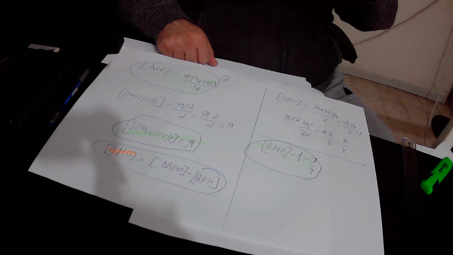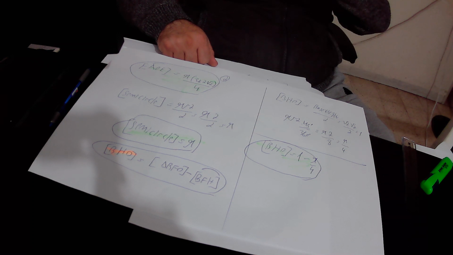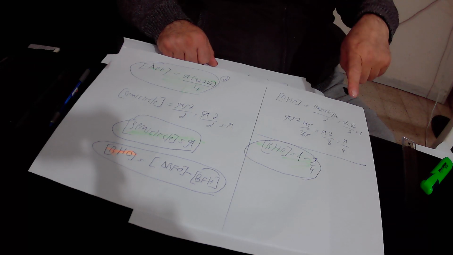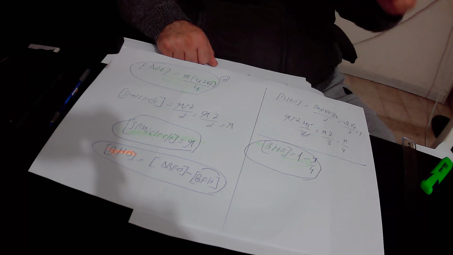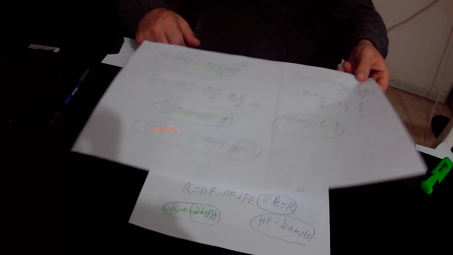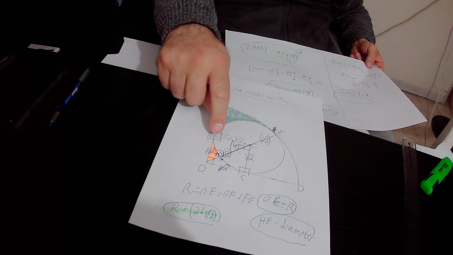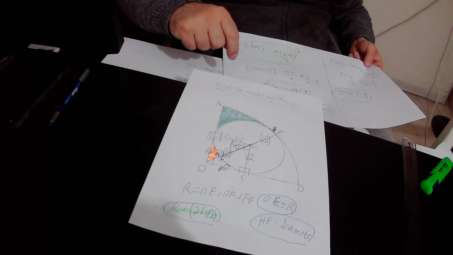It is also an isosceles triangle, therefore the two sides are equal to each other. So the base equals the height, both equal to the square root of 2. So it is square root of 2 times square root of 2 over 2. Square root of 2 times square root of 2 is 2, and 2 over 2 is 1. So we found out that the area of this triangle BFO is 1 square unit.